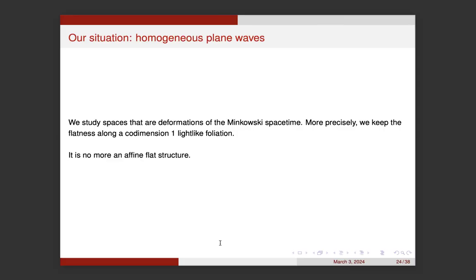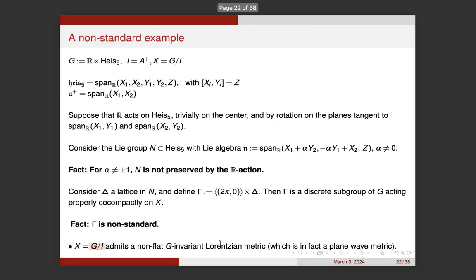May I ask a question? Do you have any information about the curvature in this non-flatness result that you have? In fact, plane waves are flat along some codimension 1 foliation, and transversely it can be anything.